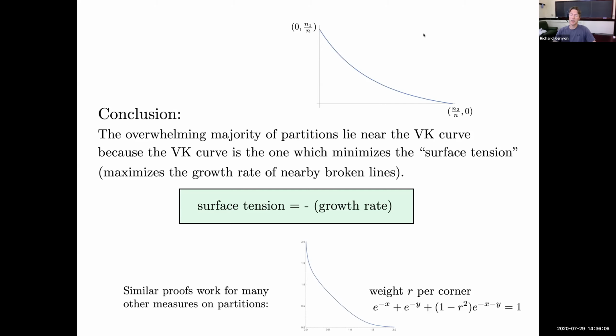So for example, if you wanted a uniform partition whose Young diagram had a fixed starting point here and a fixed ending point there, you would also get a Vershik-Kerov curve, but just part of the curve here. And if you take these two points to infinity, then in the limit, you get the full Vershik-Kerov curve.